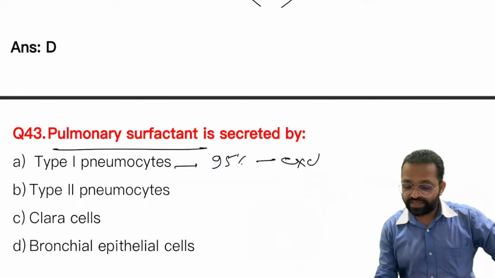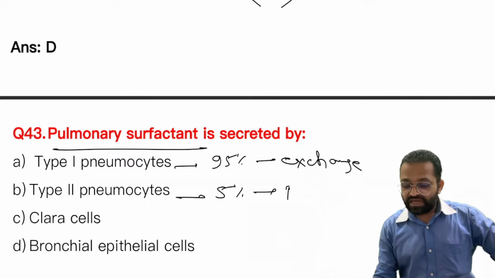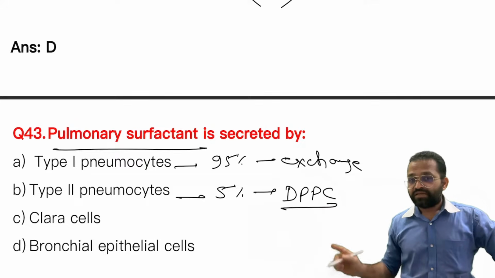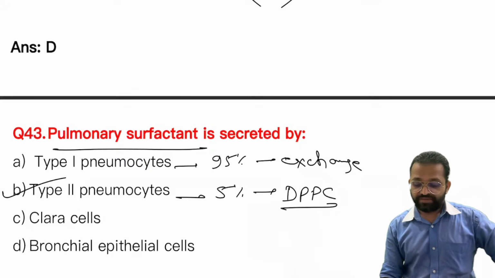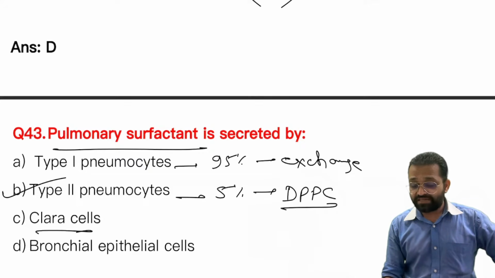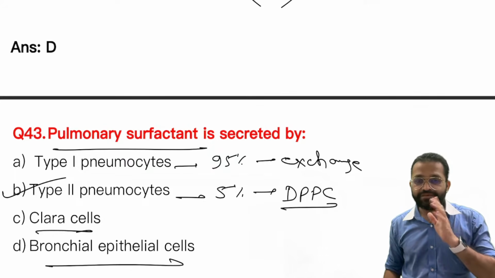They are responsible for the exchange. Type 2, these are only 5%. They are causing the DPPC release, dipalmitoyl phosphatidylcholine, which is the surfactant. So answer is B. Sir, Clara cells, they are phagocytic cells, and bronchial epithelial cells are just lining epithelium. Answer is B. Done.